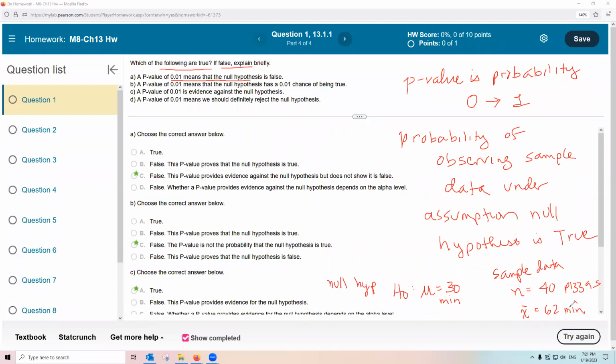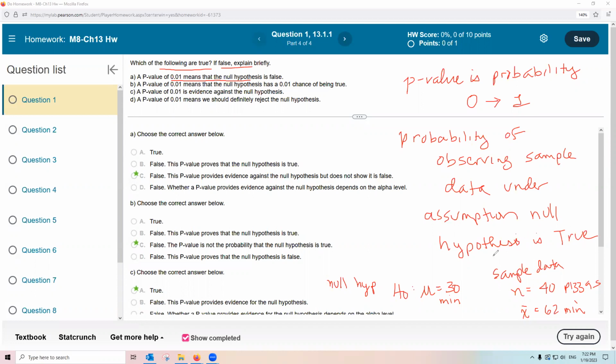Well, the probability that the mean delivery time would be 62 minutes, assuming their delivery time average really is 30, the probability of that happening would be very, very small, right? It would be very, very unlikely for my sample of 40 pizzas to have a 62-minute average delivery time if the true delivery time really was an average of 30 minutes.